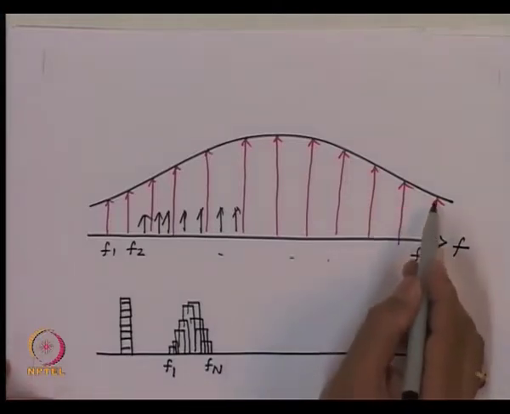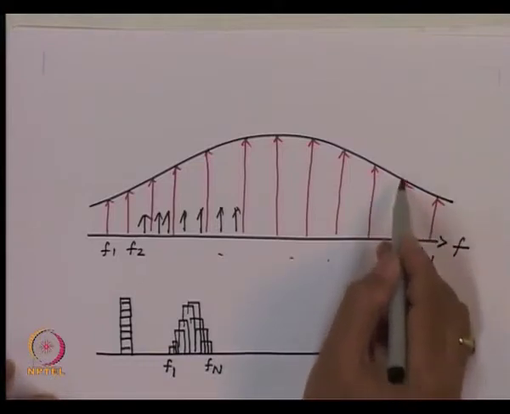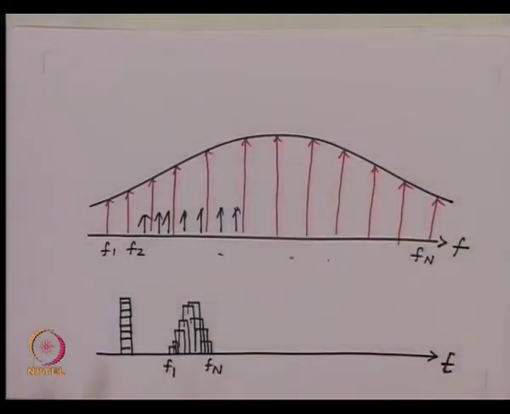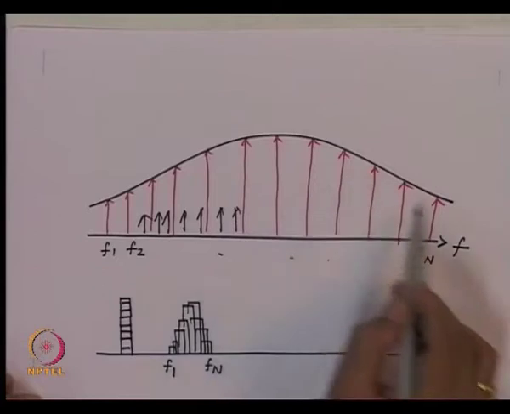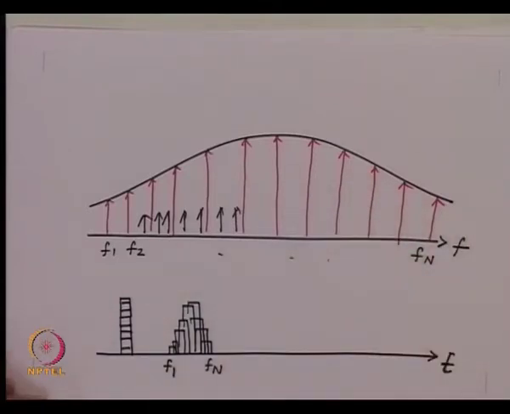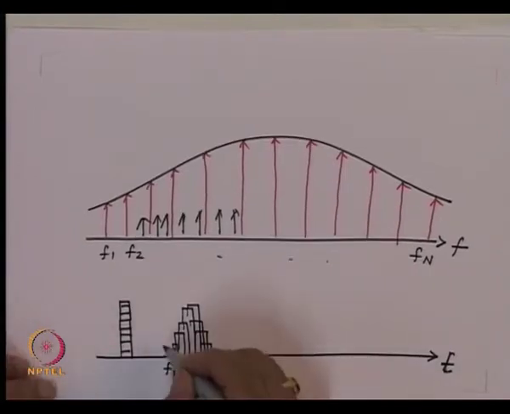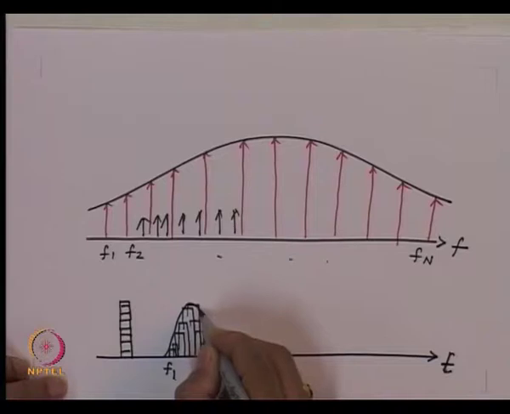Since you have these frequencies, though I have drawn here these discrete spectral lines, basically this is a continuous distribution of carrier frequencies. So we will not see these separate pulses. What we see is the envelope, which will be like that.